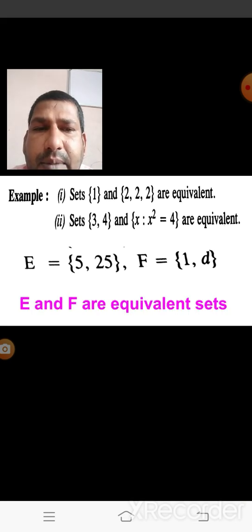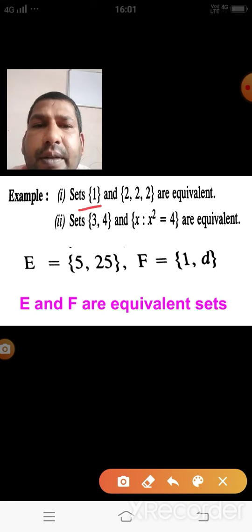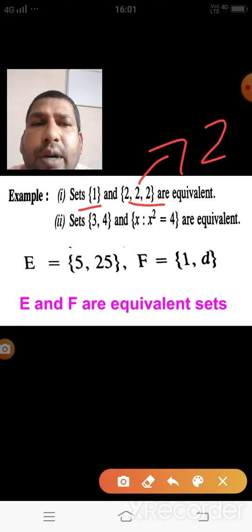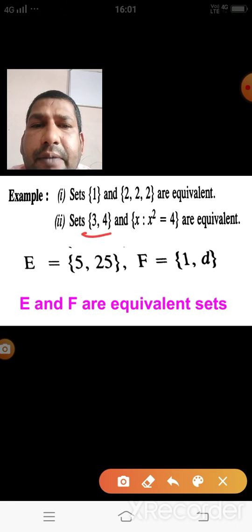Let us take some examples. Set 1 I have, in set 2 I am getting this, and we know we are not able to repeat elements. It means that this set also contains one element only, 2. For this reason, these two sets are equivalent. In the second one, 3, 4 I am getting in the first set, and in the second set x square equal to 4.